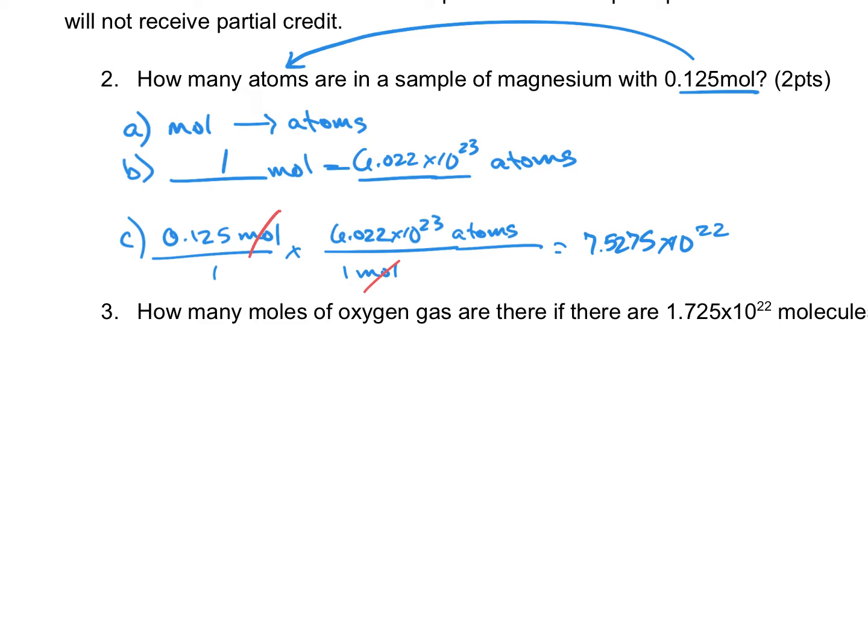Now, your number that you started with has 3 significant figures, so you have to look at the third significant figure and round it based on the number that comes after. So even though the number from your calculator is 7.5275 times 10 to the 22nd, the correct answer for a problem like this would be 7.53 times 10 to the 22nd, and then units must be included, so you need to list atoms.